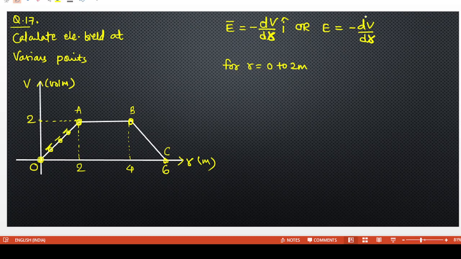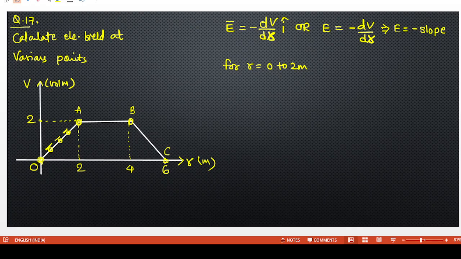So we can say this E is equal to what? Electric field at given point is equal to what? Negative of slope. dv by dr is dy by dx format. So electric field is negative of slope.